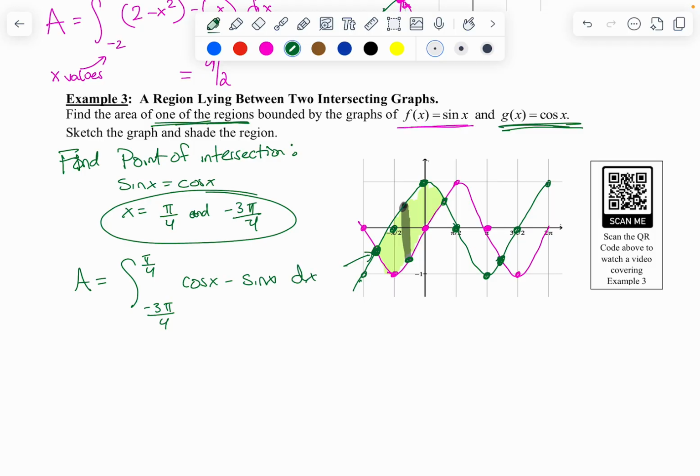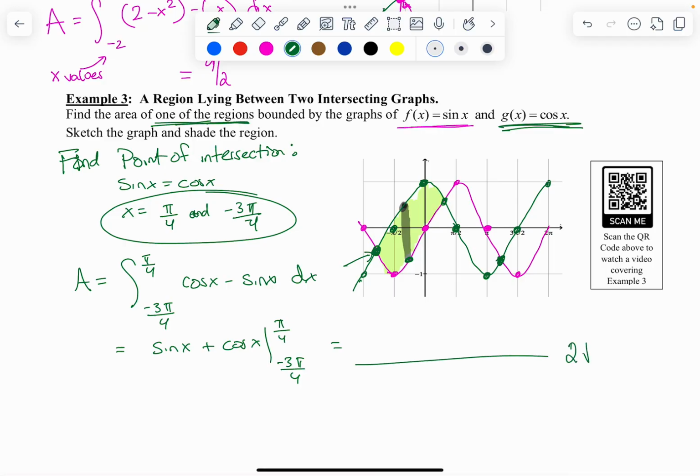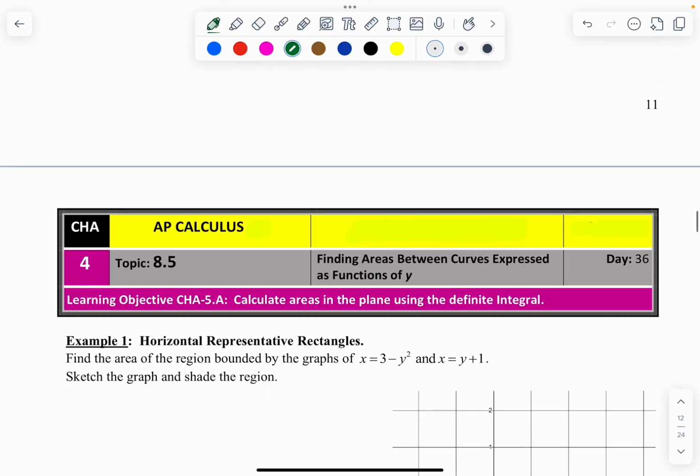And you integrate this with the given bounds, and you've got sine of x plus cosine of x from negative 3 pi over 4 to pi over 4. And I'll let you finish up the rest of that answer. You should get 2 square root of 2 for the area.